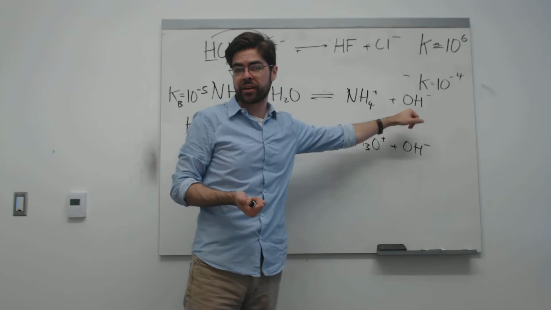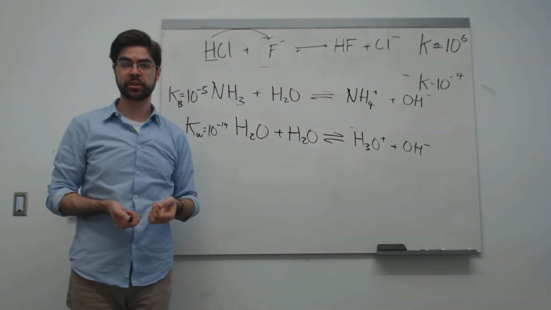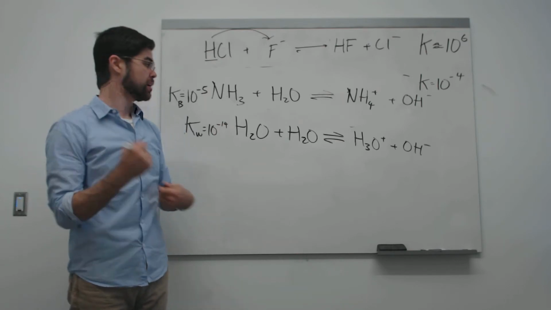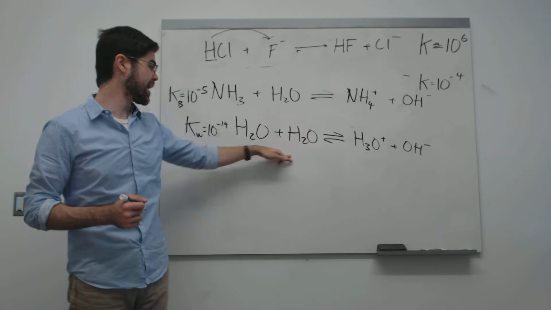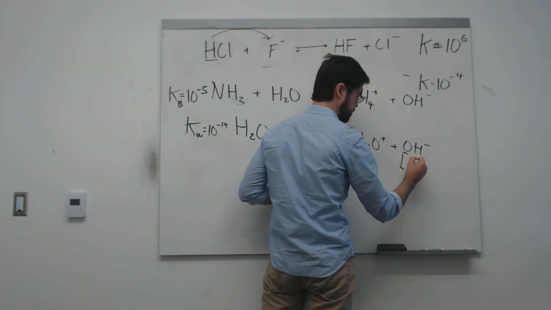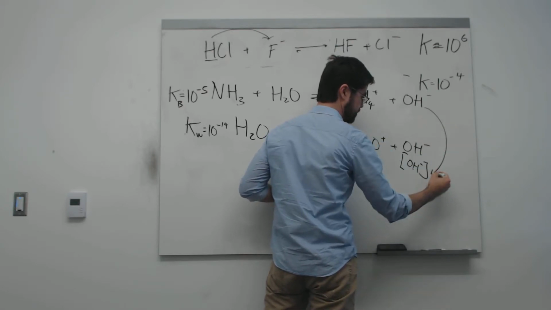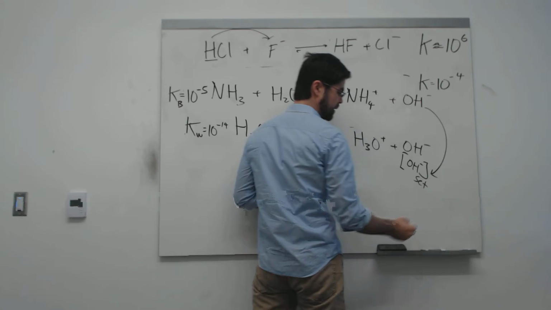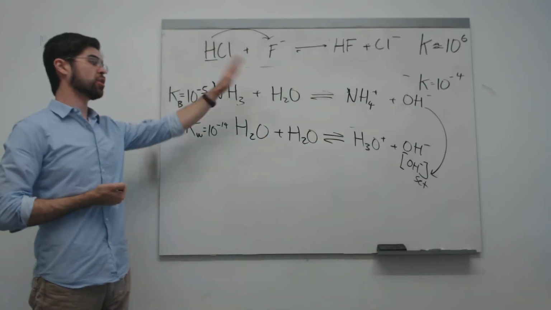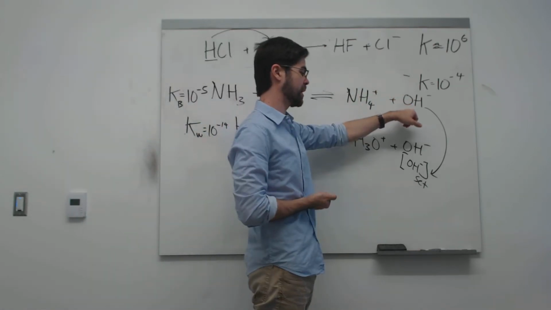Now, to actually do that calculation, you'd need to do an ICE box calculation. And so you can do that. Once you do that, though, you can assume this reaction's equilibrium concentration is set by the other reaction. This one goes far forward and produces a lot of hydroxide ions.